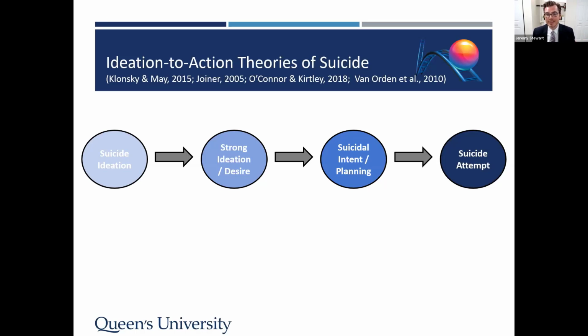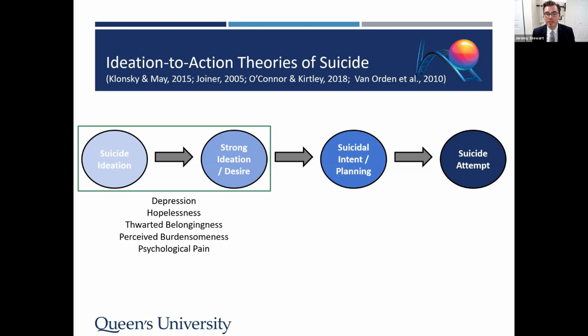Although these theories differ in their specifics, this generic model I'm showing incorporates the elements that are shared among them. Generally, the initial onset and escalation of suicidal thinking is thought to be driven by cognitive and affective variables like hopelessness and psychological pain.